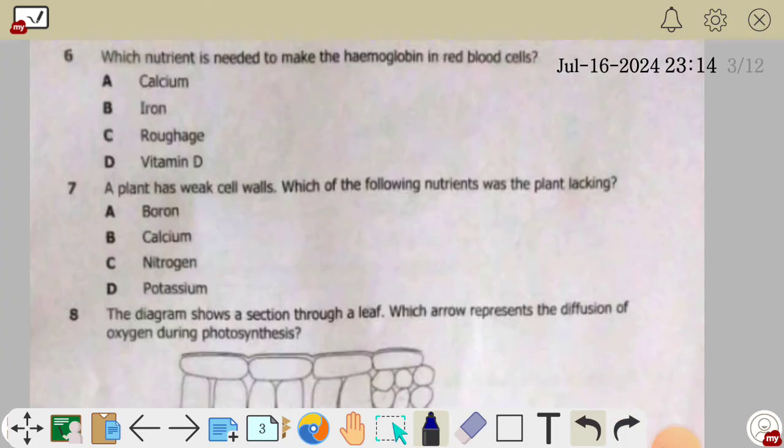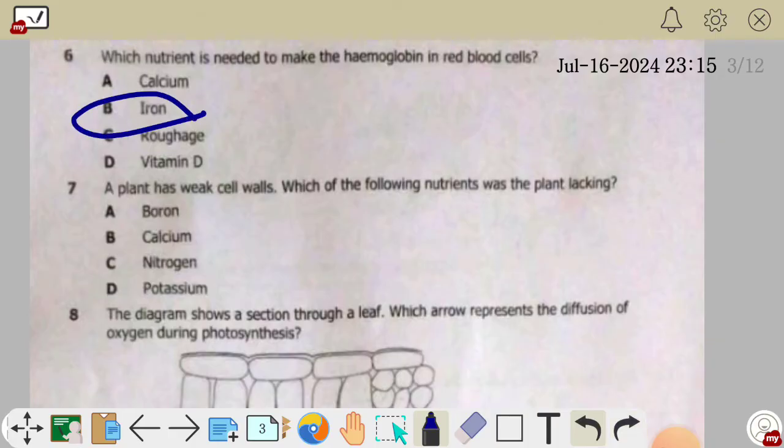We move on to question 6. Which nutrient is needed to make the hemoglobin in red blood cells? A, calcium, B, iron, C, roughage, D, vitamin D. Okay, so which one is needed to make hemoglobin? Iron is needed to make hemoglobin.